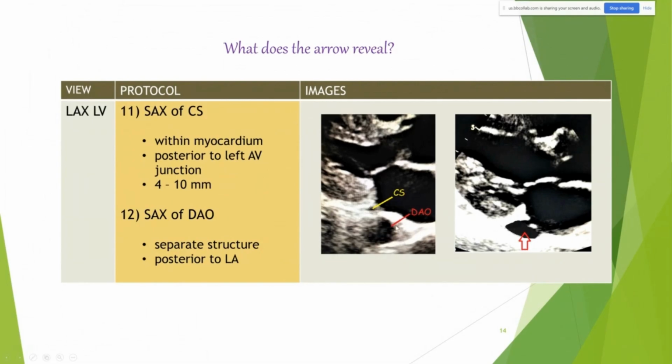Sometimes the coronary sinus can get big and look kind of like a descending aorta, but you only see it like that if it is dilated, like let's say it is right here. Normally it'll measure 4 to 10 millimeters, and if it's dilated, it indicates that the person has right ventricular dysfunction or increased right atrial pressure, or the person has a persistent left superior vena cava.